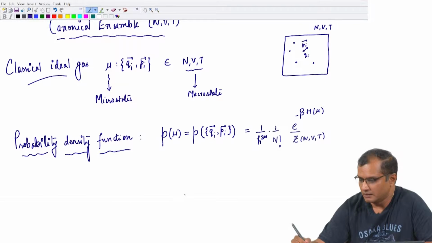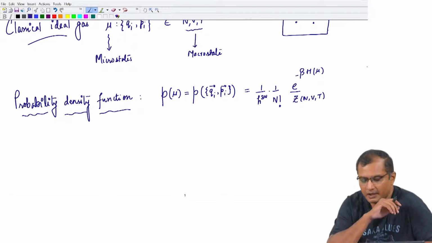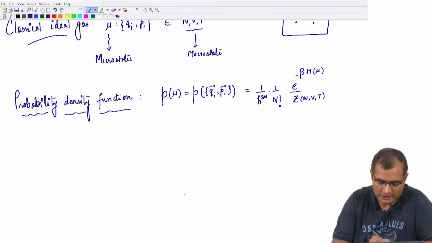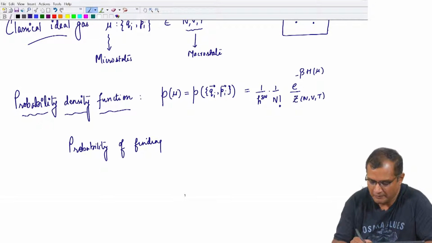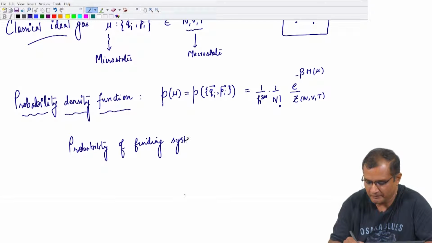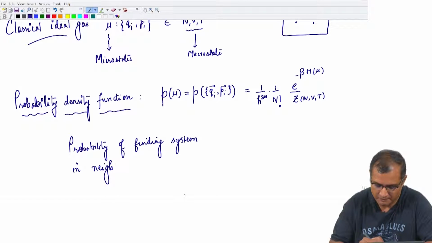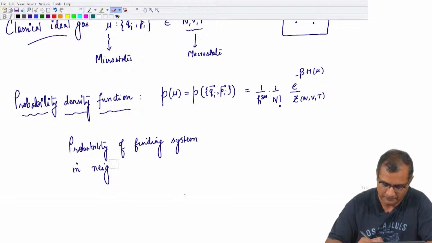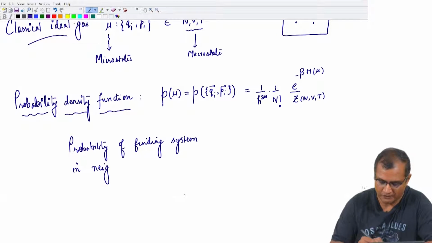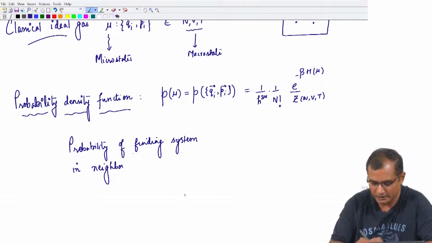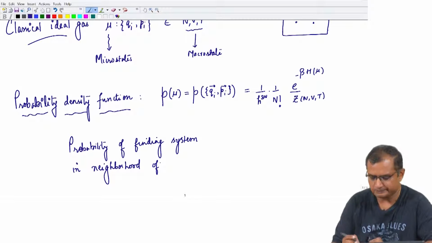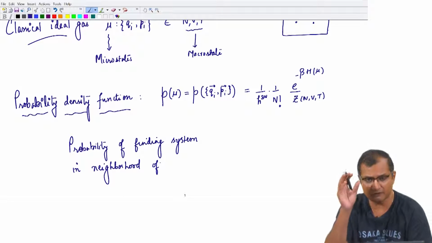Now, as you can see here, what is meant by the probability density function is that I can ask myself what is the probability of finding our system in the neighborhood of some part of phase space.